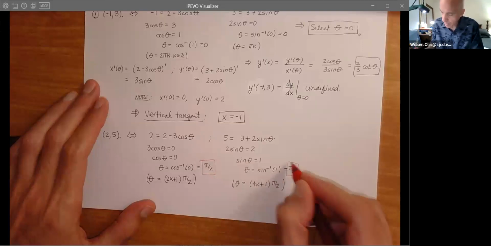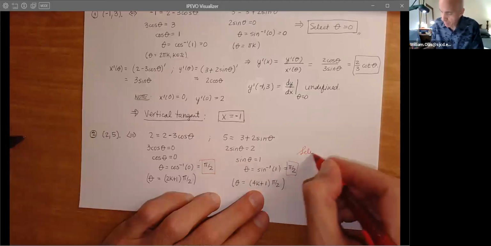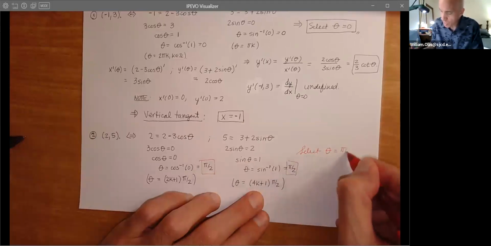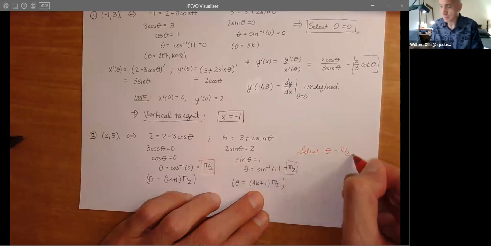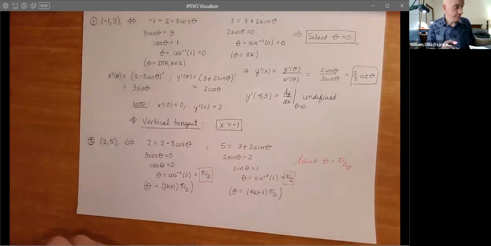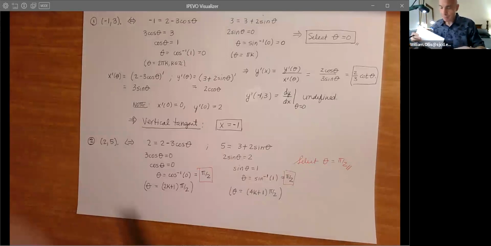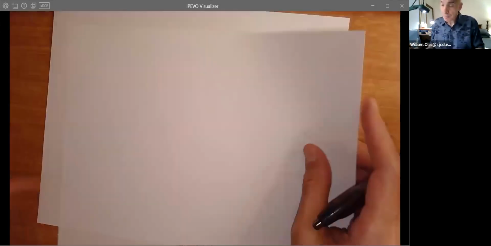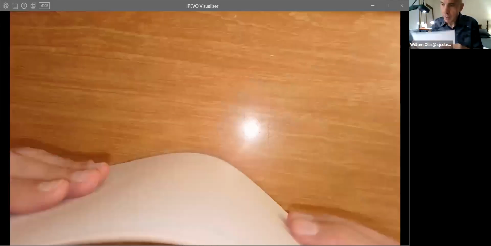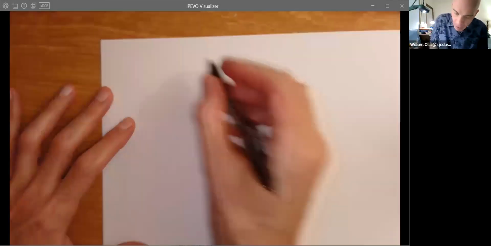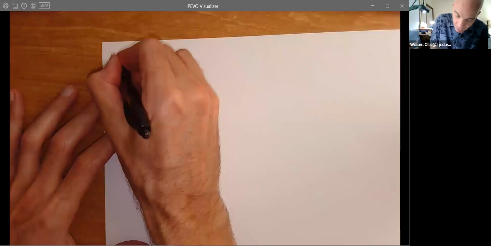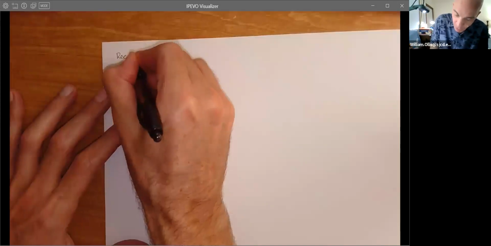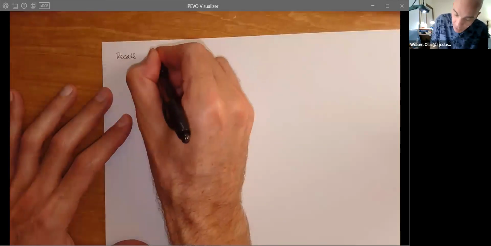So we will select theta equal to pi over 2, just a common value. Kind of fun. So now, notice again, recall, that's such a good word in math, recall y prime of x. What is that?